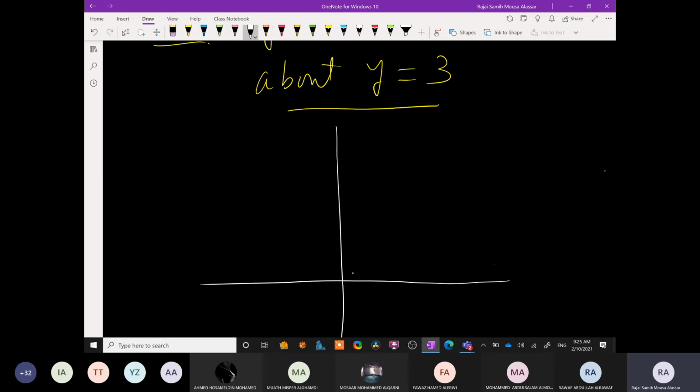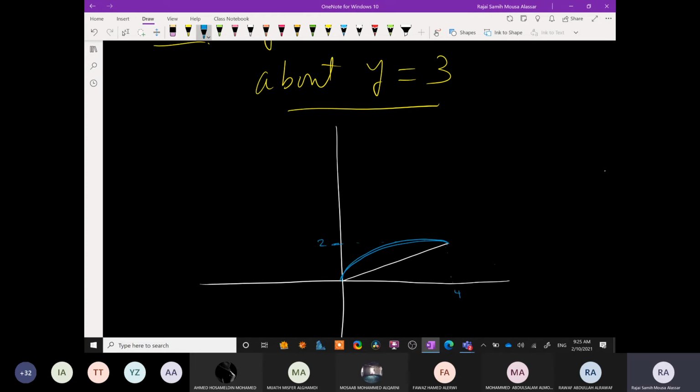All right, so we have the straight line. We have that curve. And now they intersect at 2, and this is 4.